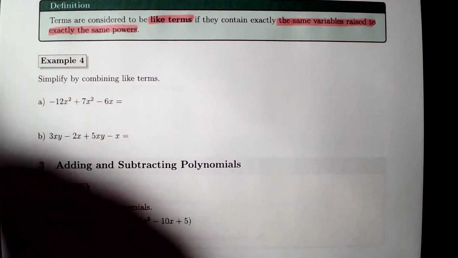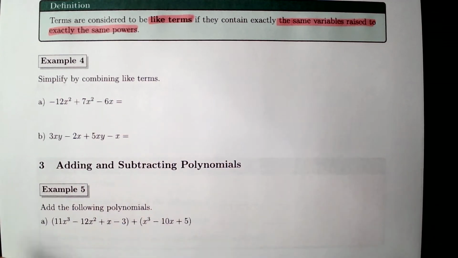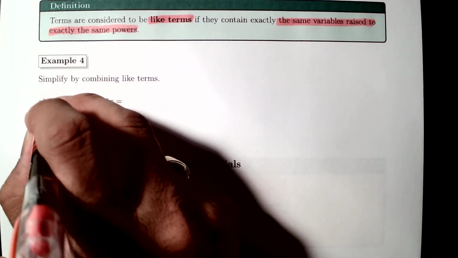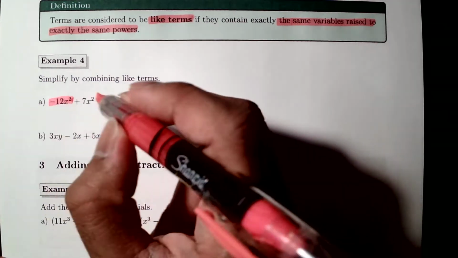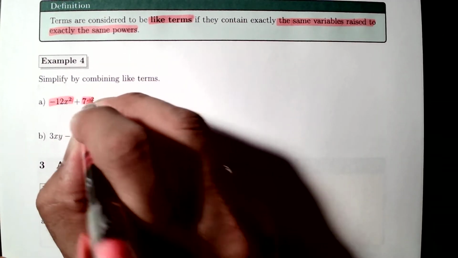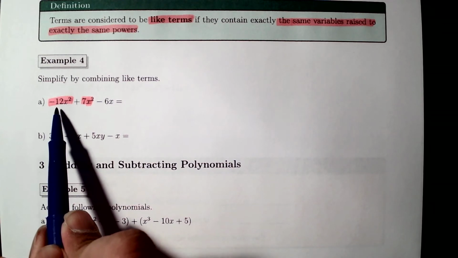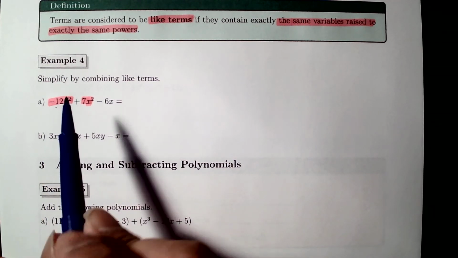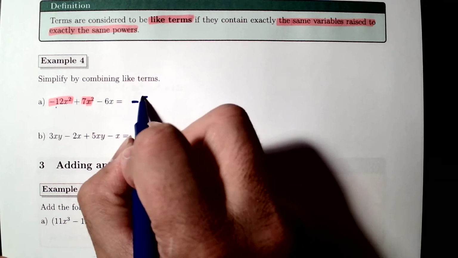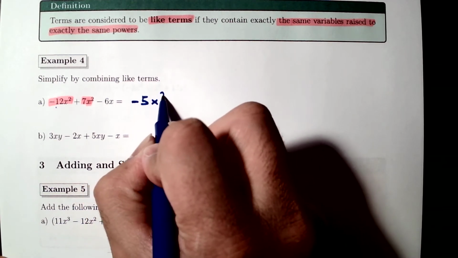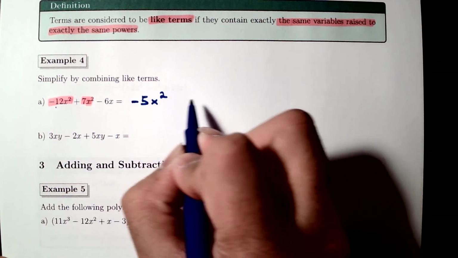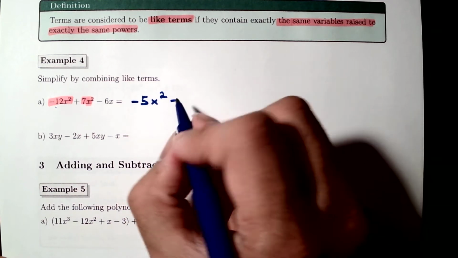In this case, I'm going to highlight the x squared terms with pink. All we do is combine the coefficients. That is negative 12 add 7, which gives negative 5. And this negative 6, just carry it.